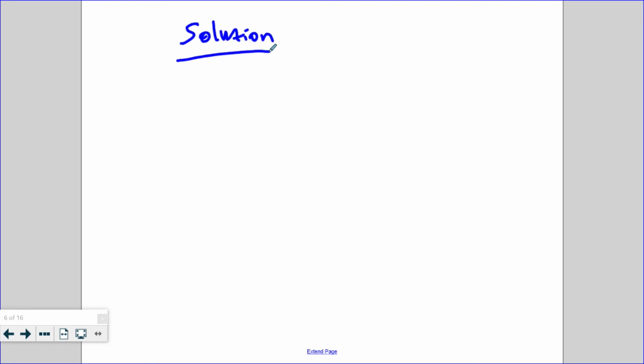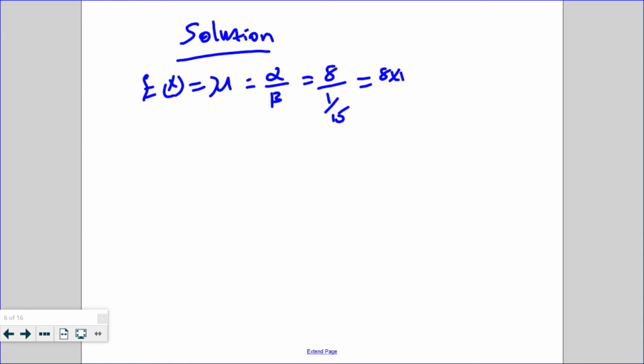So let us find the solution to the same question. When we talk about the expected value, that is simply the mean, which we find by alpha out of beta, which is 8 out of 1 out of 15, like 8 times 15, giving us 120 weeks.